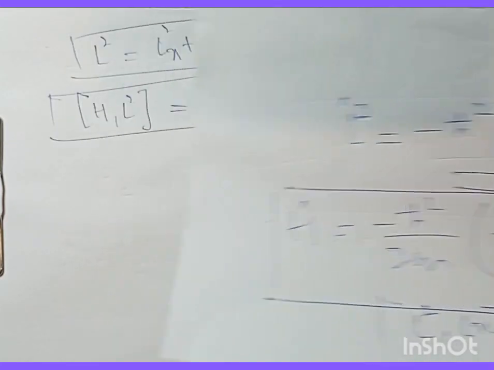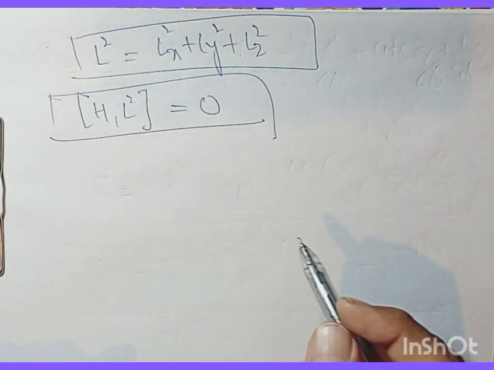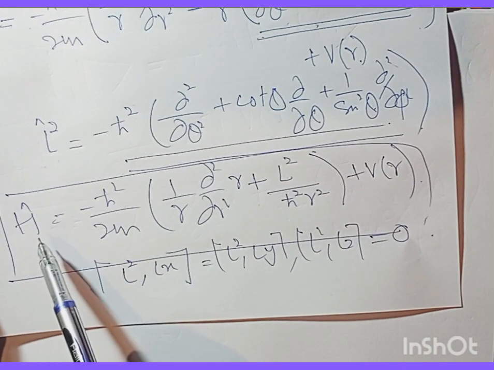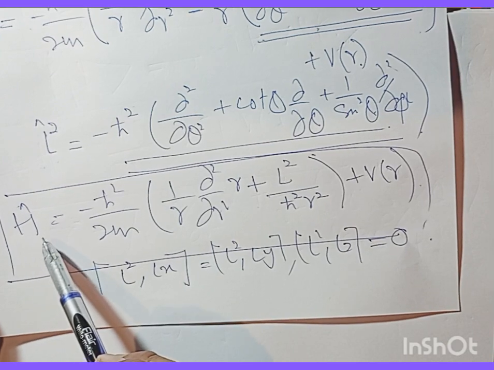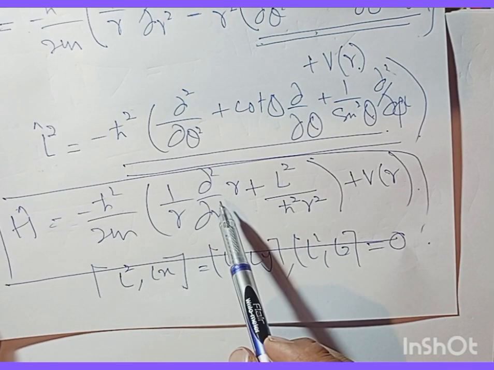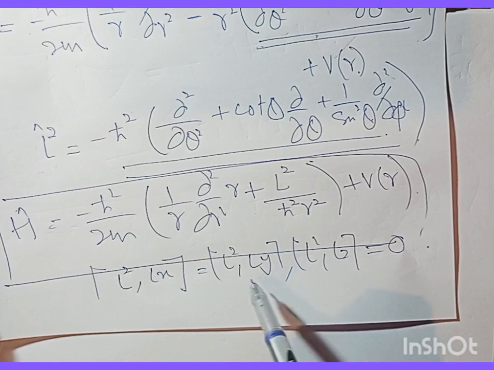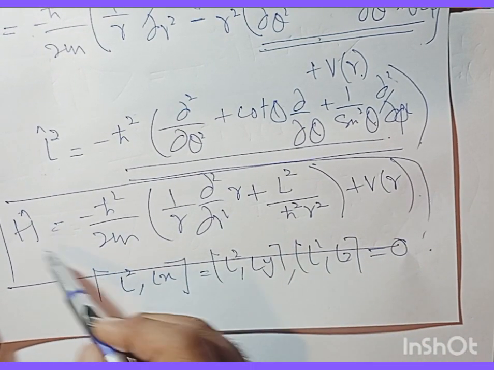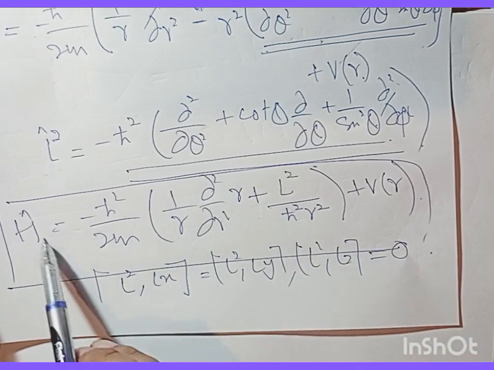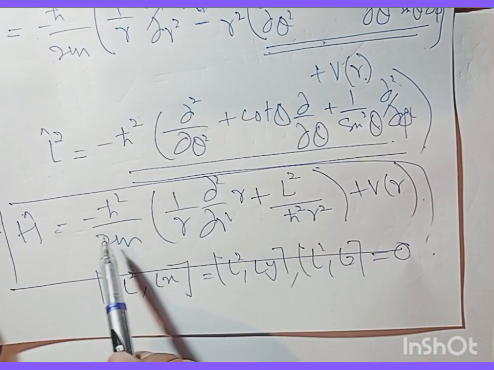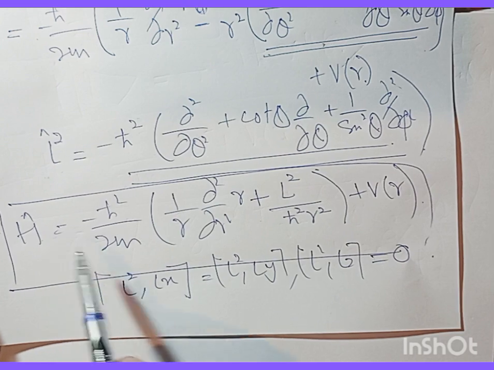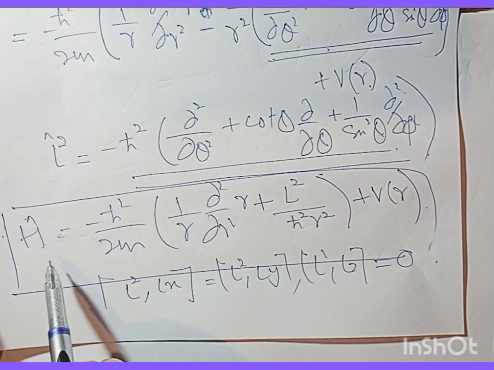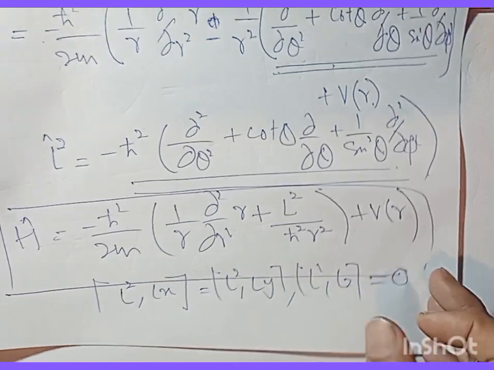From this equation's point of view, we have the Hamiltonian, which has a dependence on the kinetic energy part and on the potential energy, and this Hamiltonian commutes with L square. If it commutes with L square, we can treat L as a constant, and this motion can be considered constant motion.